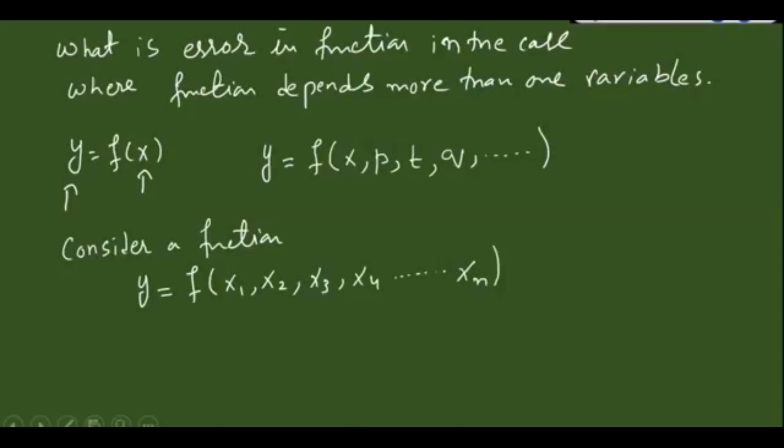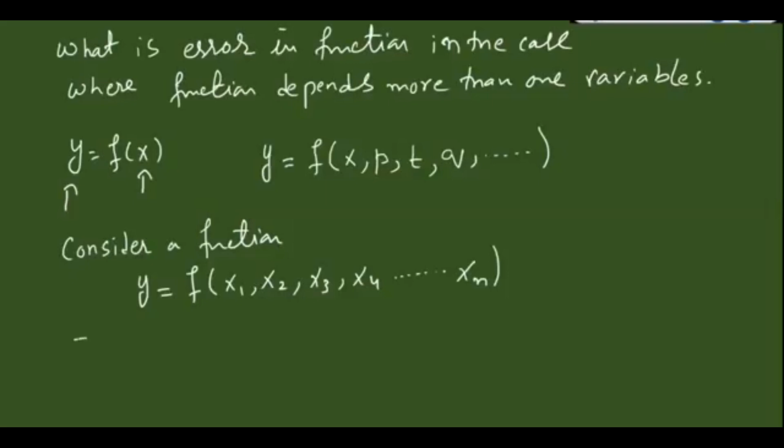For example, if n is 5, I will say my function is depending on 5 variables. Here it is depending on any n variables. Similarly, if I made a mistake in any of these variables or all of them, I will get some impact on y as well. So let's say the change in y is also influenced by these variables. So what I have to do, I have to find the change.